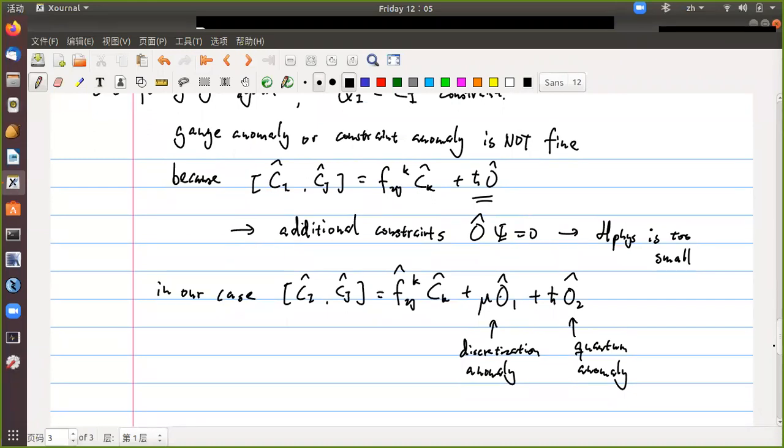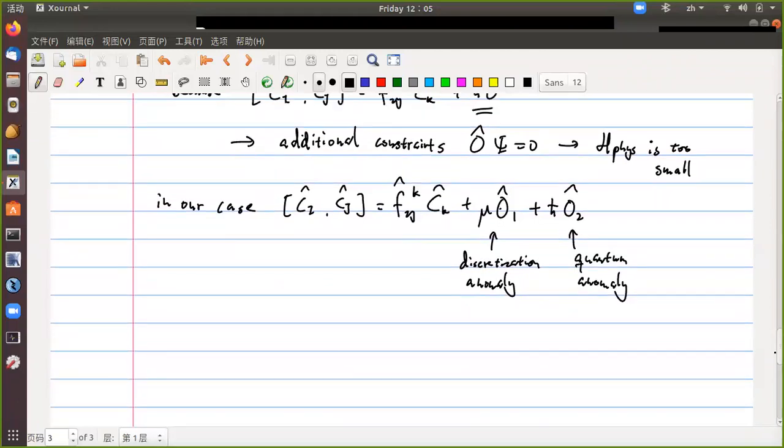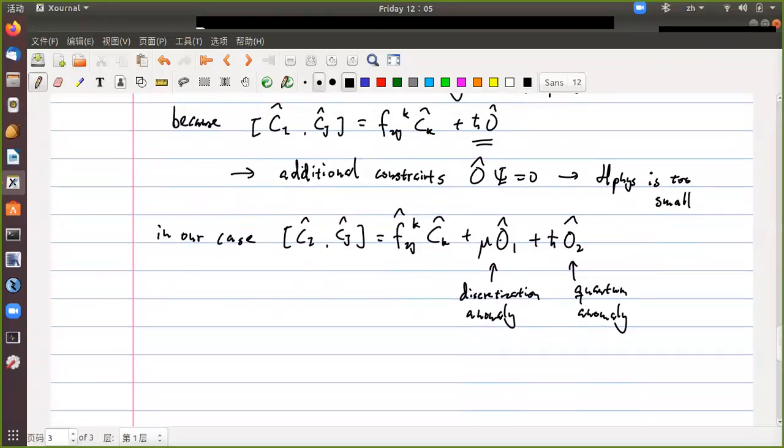It sounds really frustrating, and moreover, there's no better way to quantize. You may wonder whether there should be some better way to quantize the Hamiltonian constraint and diffeomorphism constraint so that you get rid of those anomalies. But the truth is that people have studied this field for 20 years, and so far there's no better proposal for the quantization.